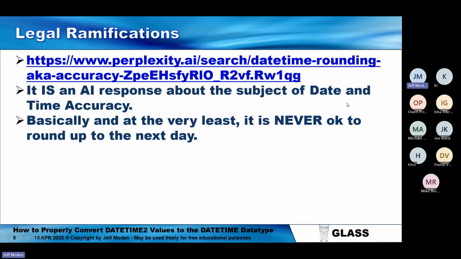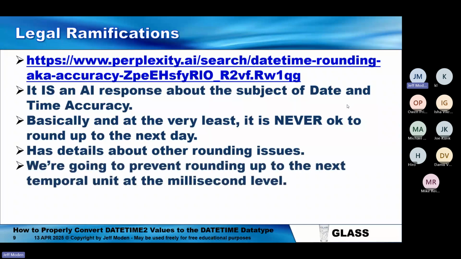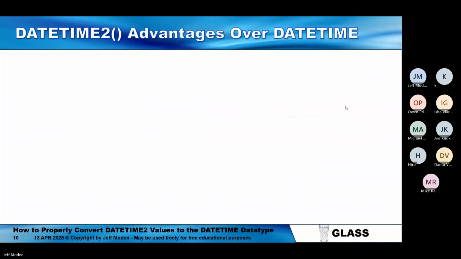So obviously you would not be using DateTime for those types of things, because DateTime doesn't have microsecond resolution, but we'll talk more about things. It has details about those other rounding issues, and we're going to actually prevent rounding up at the temporal unit at the millisecond level. And that's good for DateTime2, but you don't want to use DateTime if you're worried about the millisecond level.